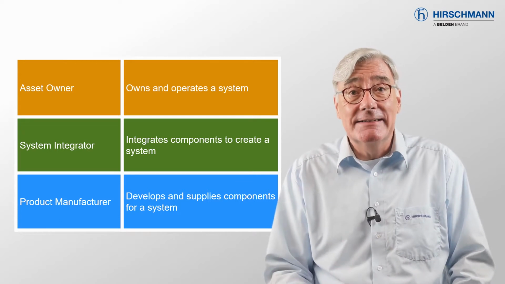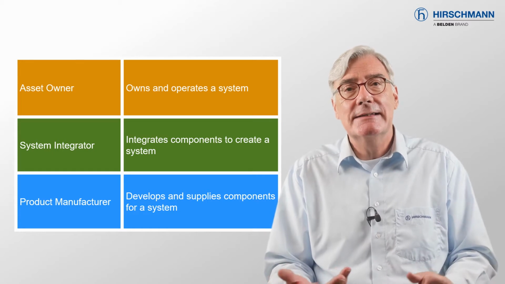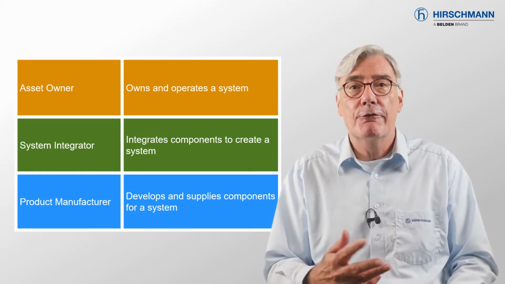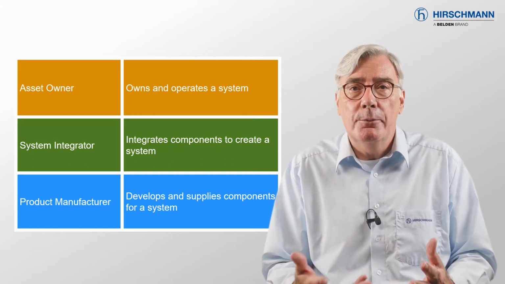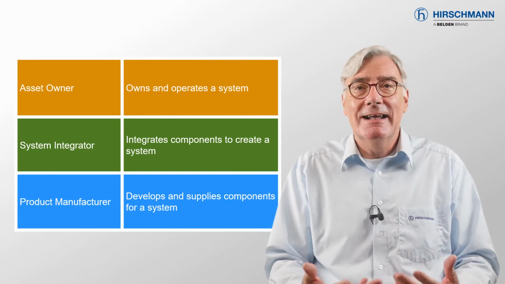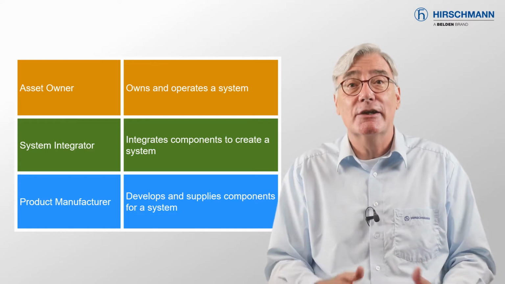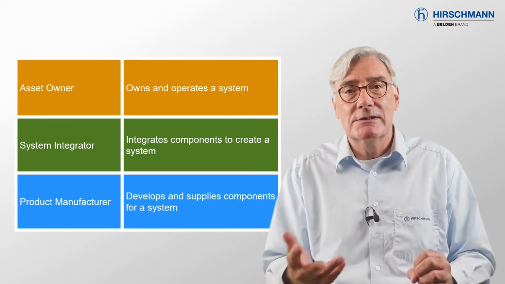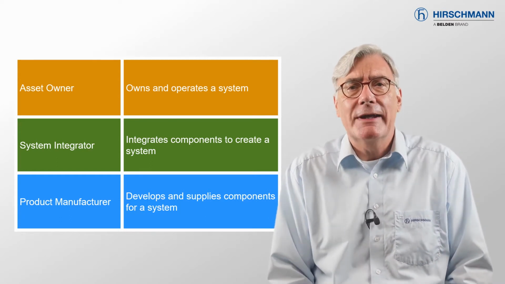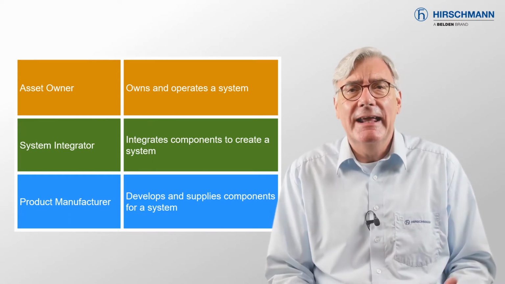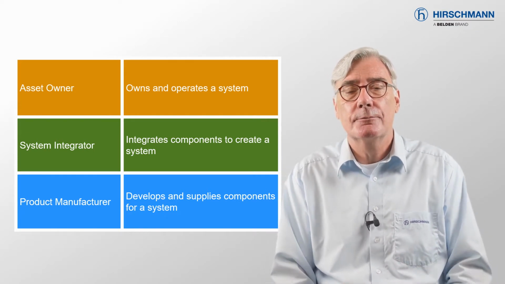The system integrator builds IACSs for the asset owners by integrating hardware and software from multiple product manufacturers. The product manufacturer designs and creates the individual components that the system integrator uses to build the automation system. Within 62443, each of these groups have clearly defined obligations and responsibilities.